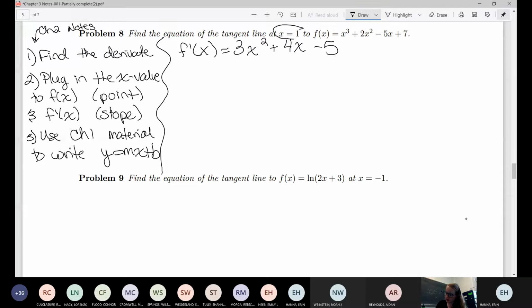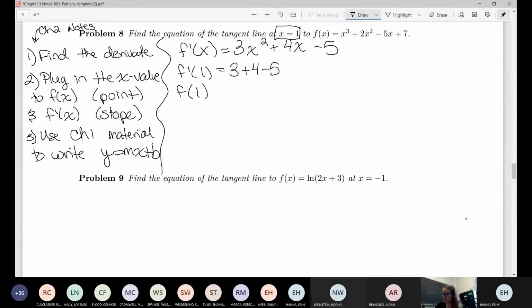So now we want the tangent line at x equals 1. So we're going to essentially take that value of 1 and plug it into both the original function and the derivative. So essentially what we're going to want to find is f prime of 1 and regular old f of 1. Since anything times 1 is itself, we essentially just get the coefficients here. So it'll be 3 plus 4 minus 5.